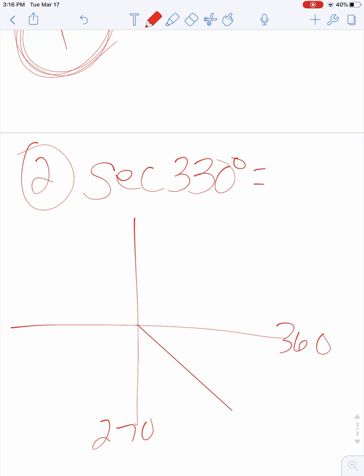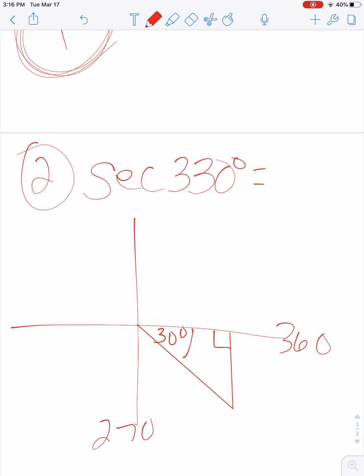So I'm going to draw a triangle out from the origin to the x-axis. I just have to figure out this reference angle. So this is where you think, if this is 330, how much more do I need to get to 360? So I'm subtracting from 360. 360 minus this 330 is going to be 30 degrees. That's my reference angle.